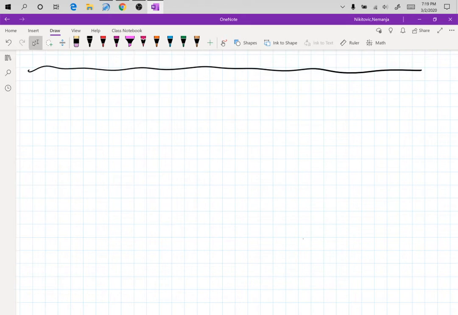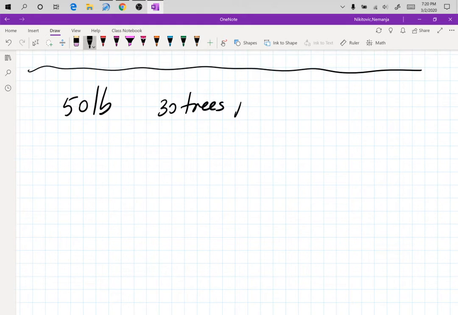The annual, oh no, this is the walnuts. The annual yield per walnut tree is fairly consistent at 50 pounds per tree when the number of trees per acre is 30 or fewer. So we are getting 50 pounds when the number is 30 trees per acre.